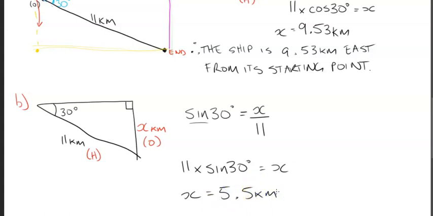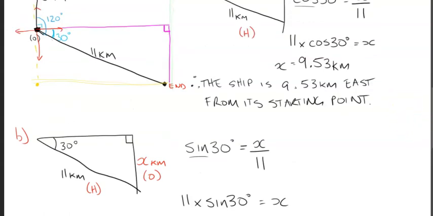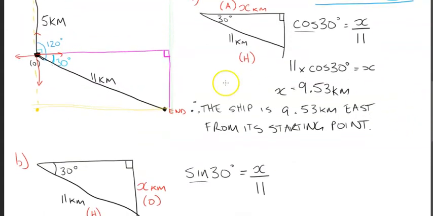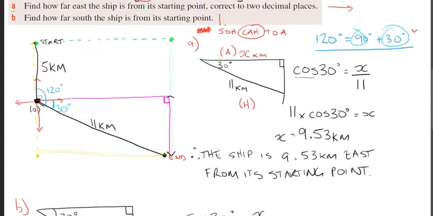However, just be careful. We have found what this length is from here to here, which is good. That's not enough information. We also have to consider the additional 5 kilometers that it's traveled south to begin with.